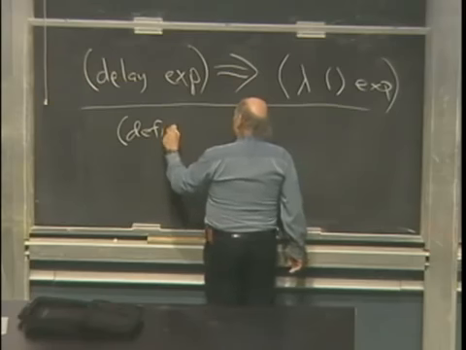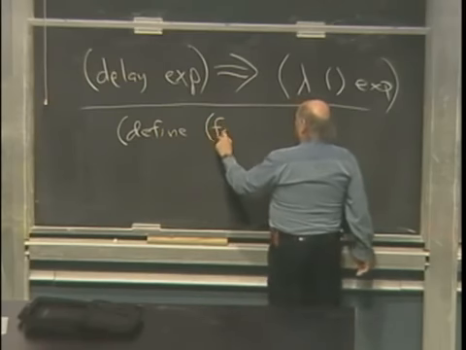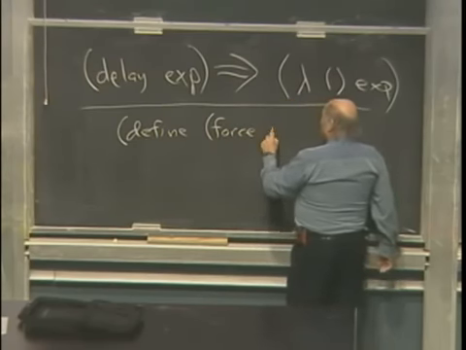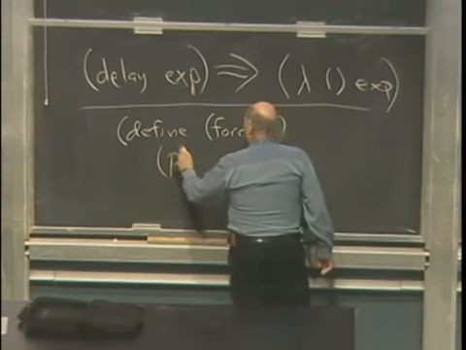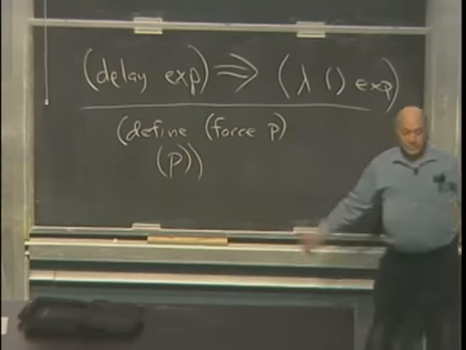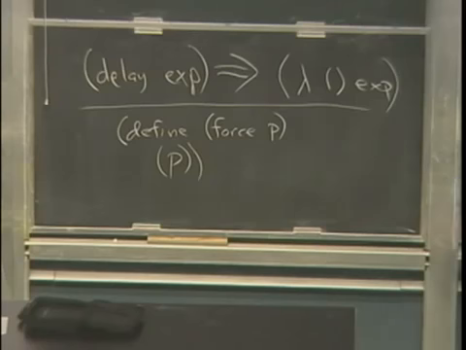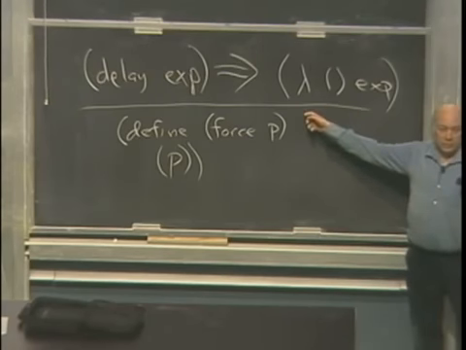So we say define force of some promise to be, call that promise. Right? Because the promise is a lambda expression with no arguments. We can invoke it. Invoking it evaluates its body, which is the expression that we were delaying before. Everybody see that this works? Any questions about that?